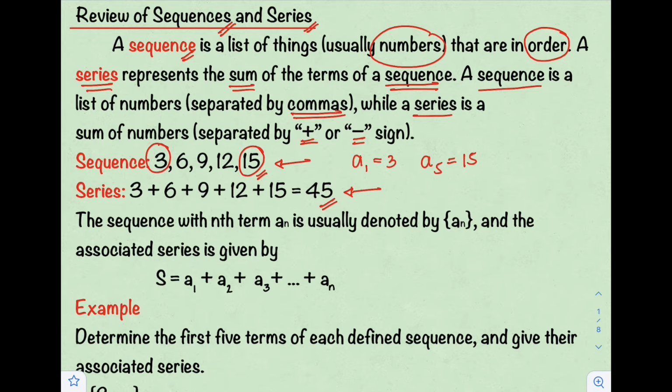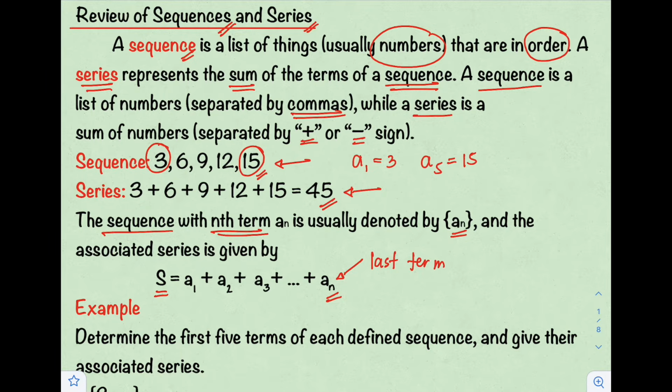Okay? So, the sequence with the n term, usually denoted by a sub n, and the associated series is given by S is equals to a sub 1 plus a sub 2 plus a sub 3 plus up to a sub n. Again, yung a sub n, that will be our last term.